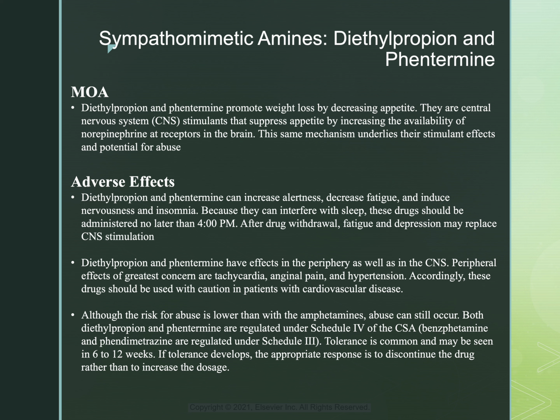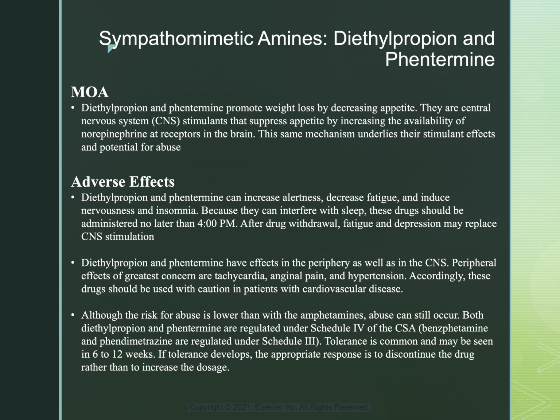The risk for abuse is lower than with amphetamines. However, there is still some risk for abuse. Both of these drugs are also scheduled under Schedule 4 of the CSA, and the other two drugs, which we aren't really talking about, the other two drugs that have been approved but we shouldn't use, they're actually under Schedule 3.